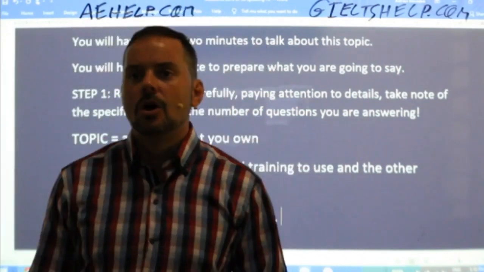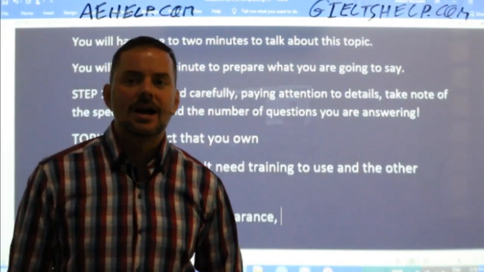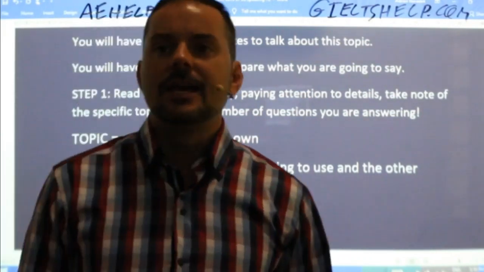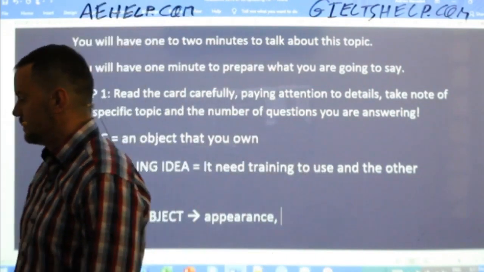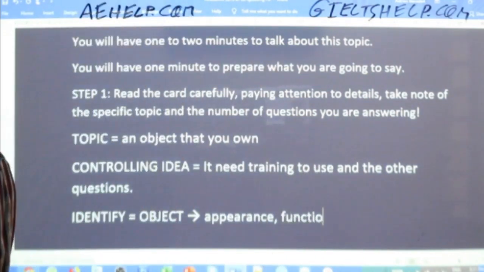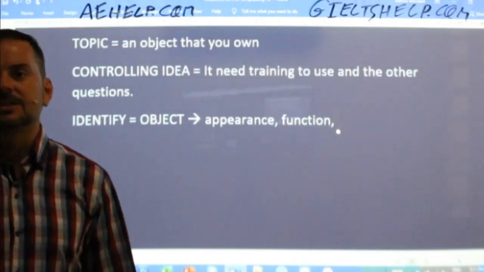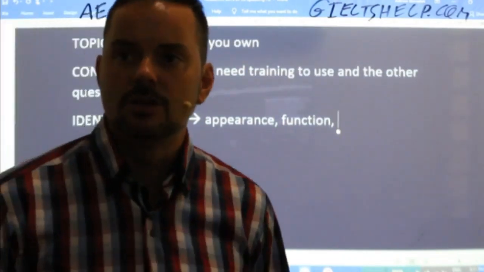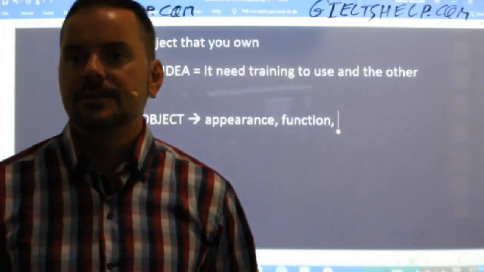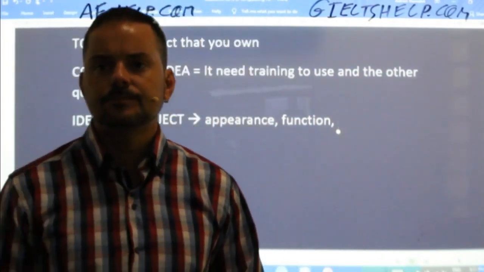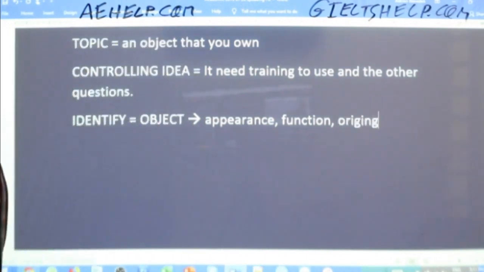Okay. So now Mohammed Farak says you have to talk about its function. Yeah, absolutely. So what is it used for? So when you're talking about an object, its appearance, its function, so how is it used? What is it used for? Kuram says cost, not necessarily. Amarjit says where you get it from, so it's origin. Yeah.